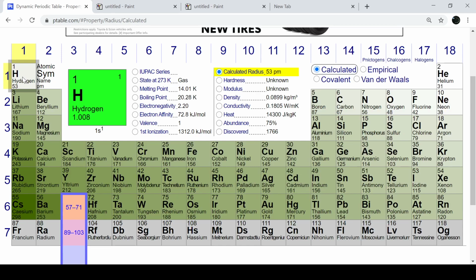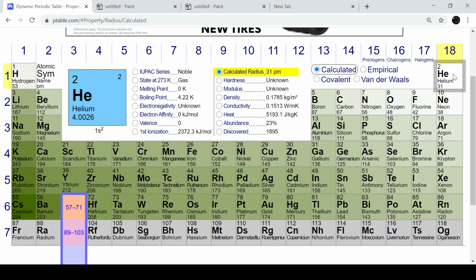So our first energy level, we have 1 proton and 1 energy level. And we start at 53 pm. We move on to the next one, which is helium, which has 2 protons pulling on that single energy level, and we end up getting 31 pm. Okay, so that follows what we expected, that as we go up in terms of the number of protons that are interacting with an energy level, it's going to pull that energy level in closer.